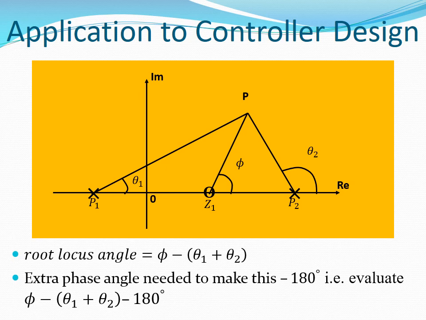These poles and zeros are introduced by a controller. The poles and zeros will introduce new angles in the calculation of the root locus angle for the point P. Therefore, we can carefully select these angles and therefore the positions of the poles and zeros to make the point P to be on the root locus.